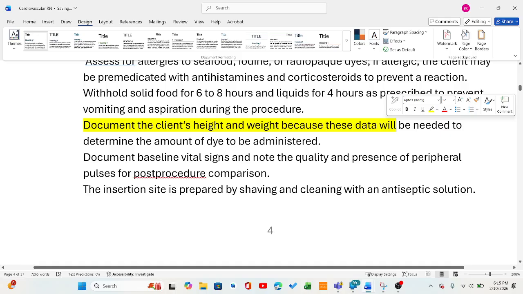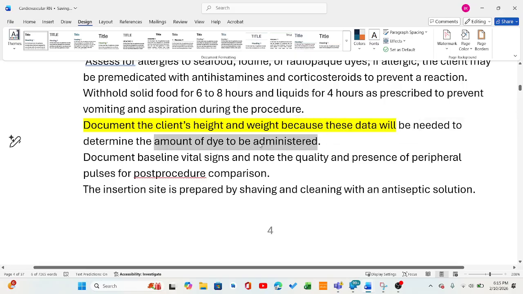So please take note of that. This will determine the amount of dye needed to carry out the procedure. So when both of us are taken to the cath lab, the amount of dye that will be injected in both of us will not be the same because our height and weight are not the same.